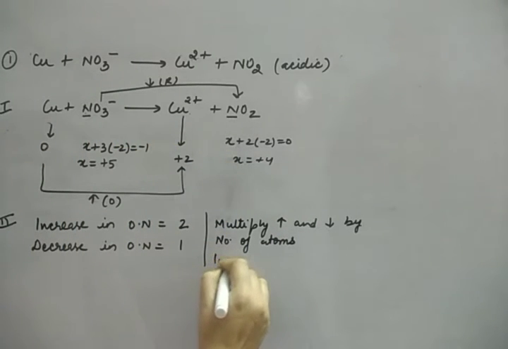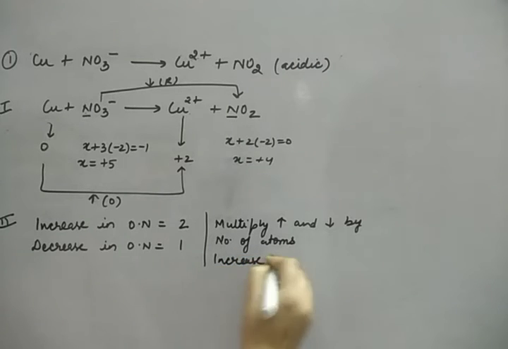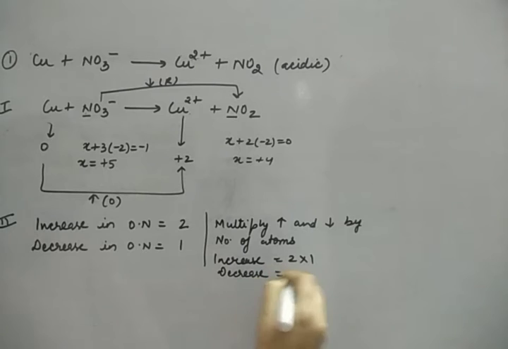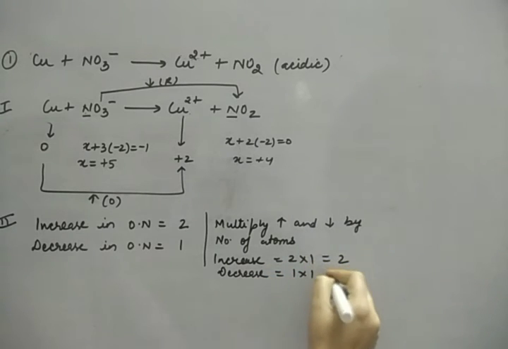So increase is 2 into 1 and decrease is also 1 into 1. So total increase is 2 and total decrease is 1. Sometimes the number of atoms here is 1 but here it is 2, then accordingly we have to multiply by the number of atoms. Here the number of atoms are 1 and 1, so total increase is 2 and total decrease is 1.